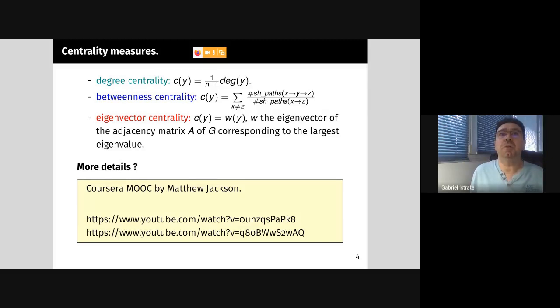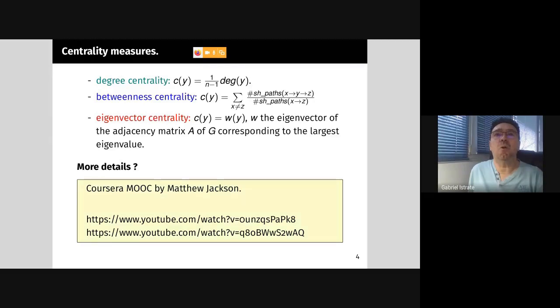So basically, for a node Y, its betweenness centrality is the sum over all other pairs of nodes X and Z of the percentage of shortest paths between X and Z that go through Y. Okay, so if Y is between many other nodes, it captures a lot of flow between the nodes. So that's another way of stating that a node may be central in a different way.